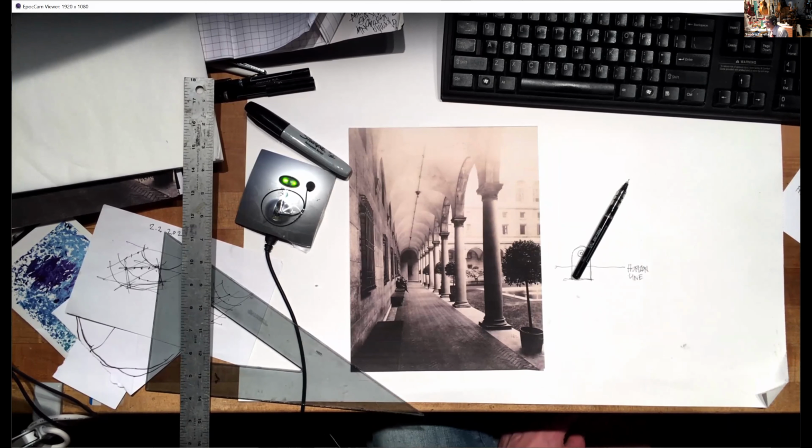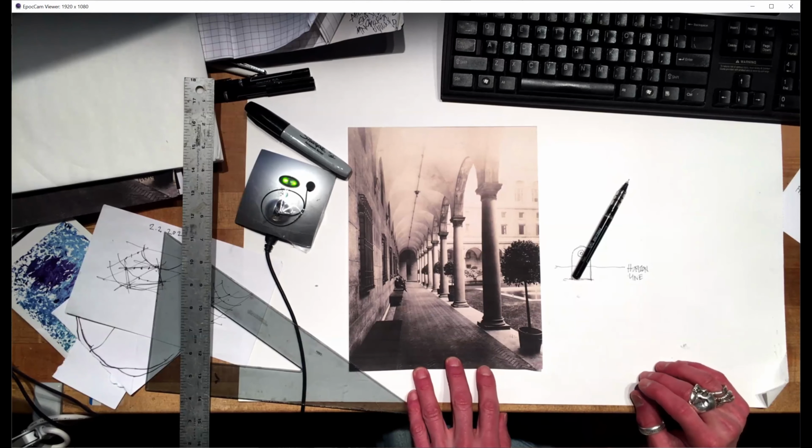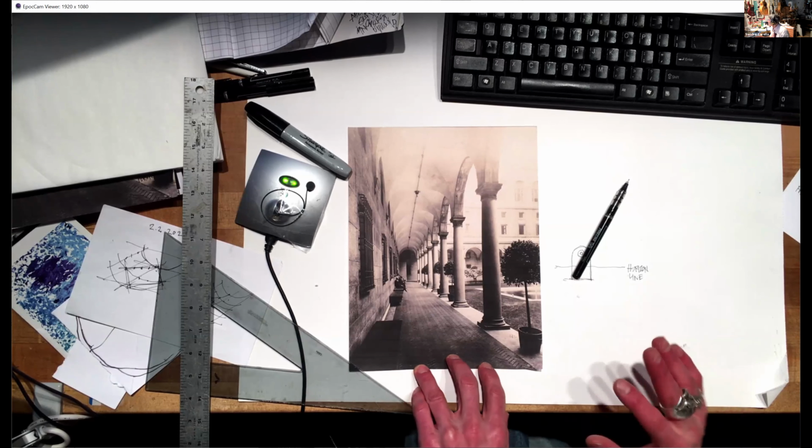Somebody want to guess? Where all the vanishing points meet, I guess. That's right. That's what happens.